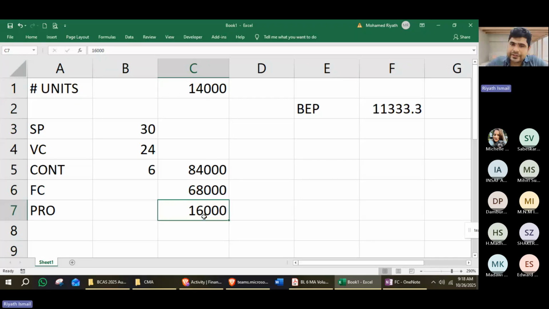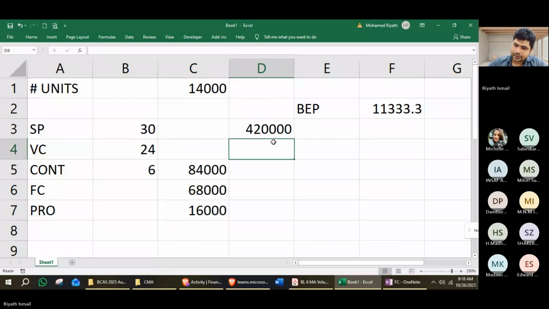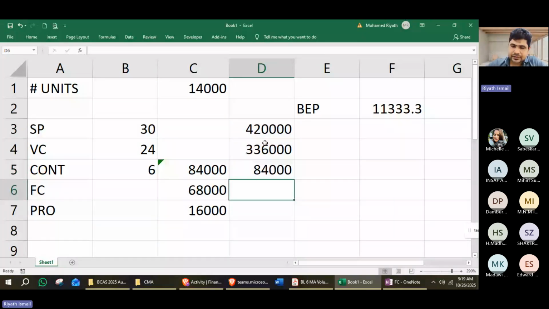We can verify the answer. You see here, selling price 30 into 14,000 equals total sales of 420 million. And for variable cost, 14,000 units into variable cost equals 336 million, and the contribution will be sales value minus total variable cost equals this value.